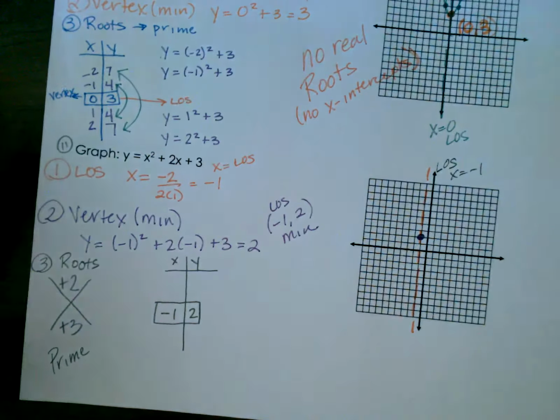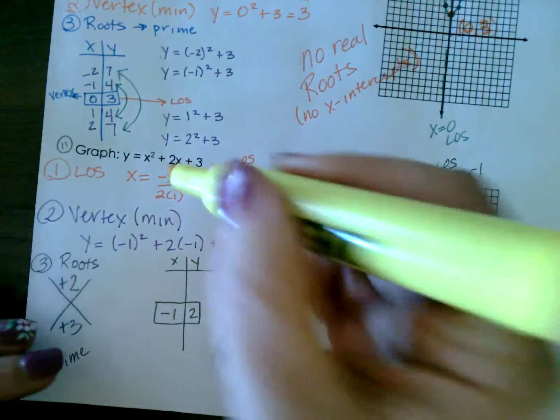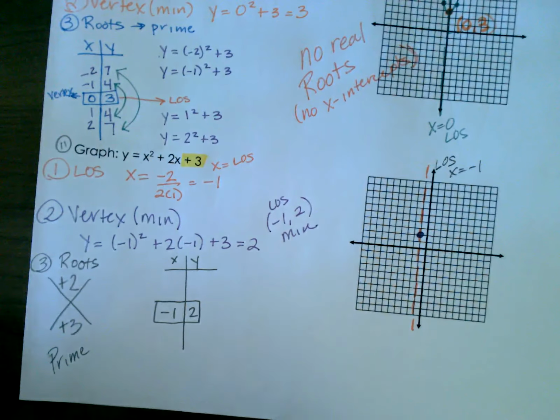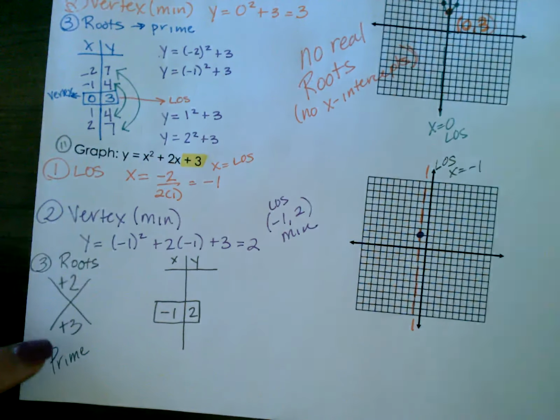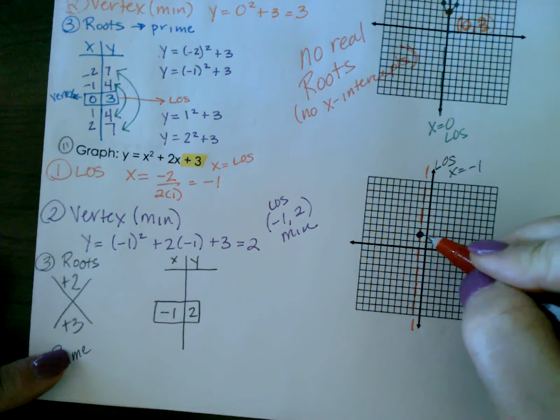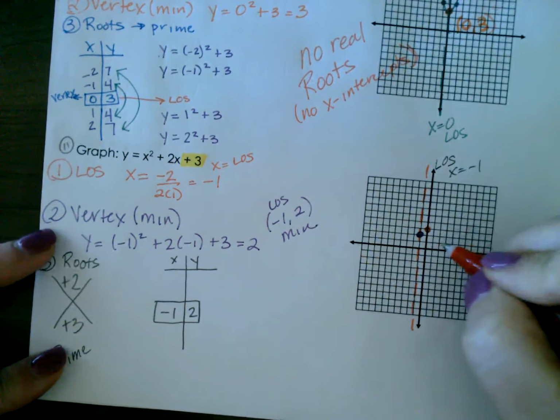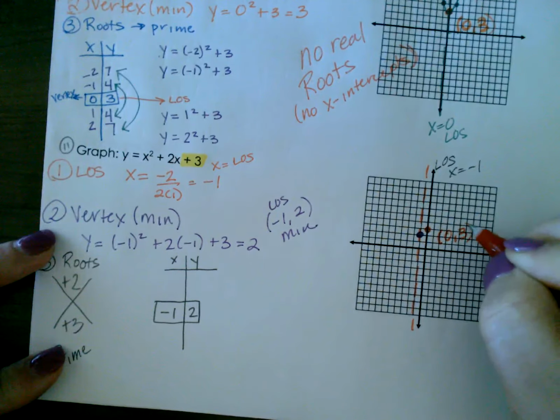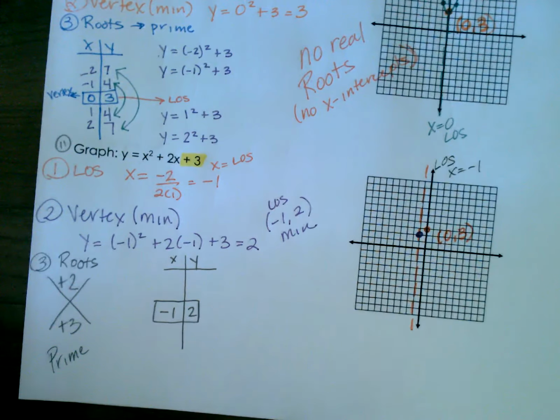Another thing I do know, though, is in this equation, what does the plus 3 represent? I realize it's really close to the vertex, but the plus 3 is my y-intercept. So at the point 0, 3 is my y-intercept.